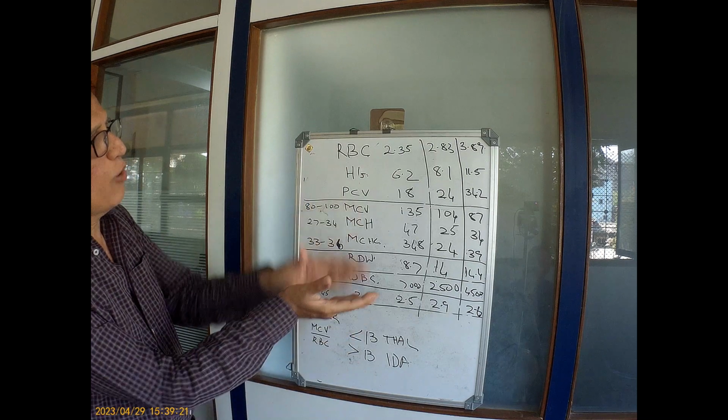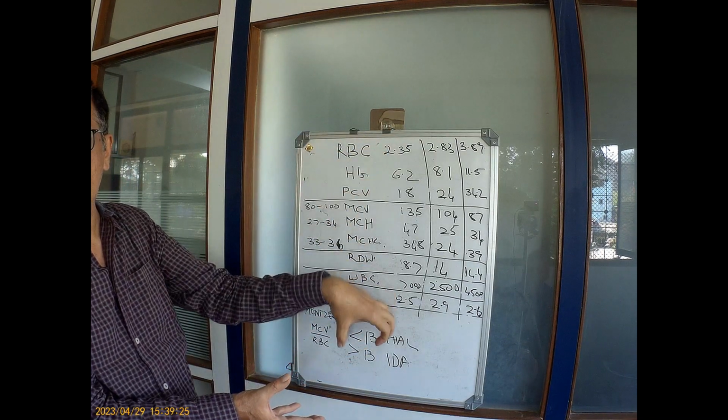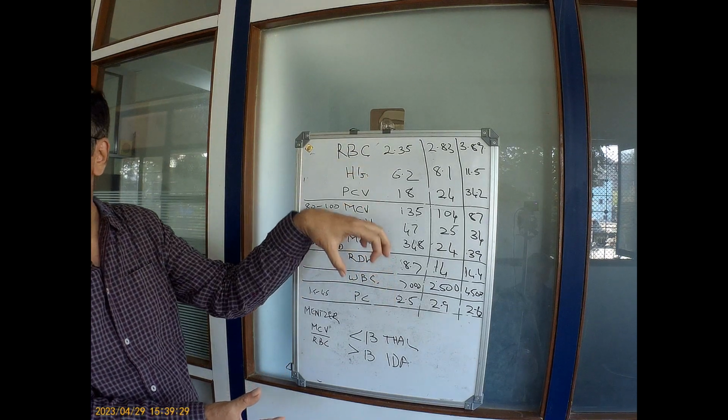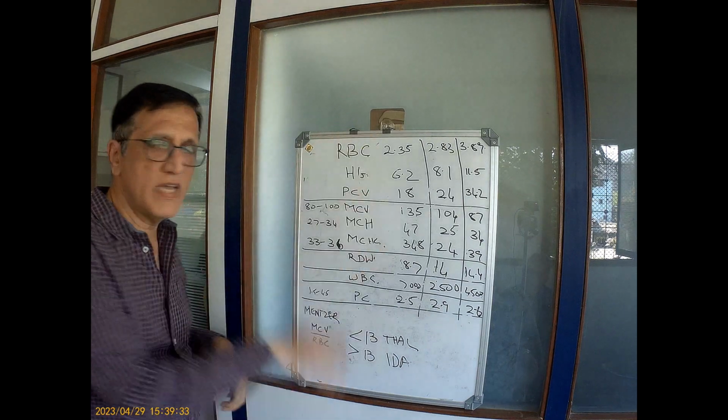So that's how the machine will read it as macrocytic. So that is how you will get a macrocytic picture, even though that patient doesn't have anemia.